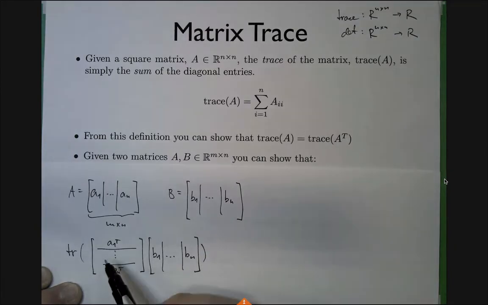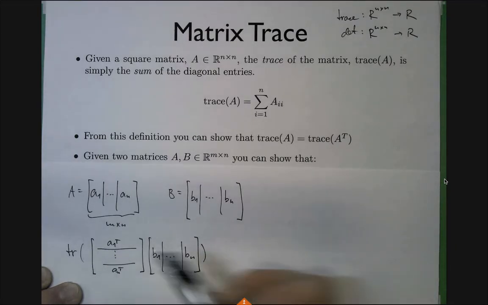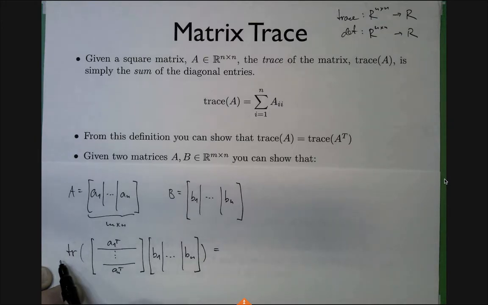So do you see what the trace is of this product? That's where the utility of traces really comes up, when you are looking at traces of matrix products. So the trace is the sum of diagonal elements, and we are looking at the diagonal elements of a product of two matrices.